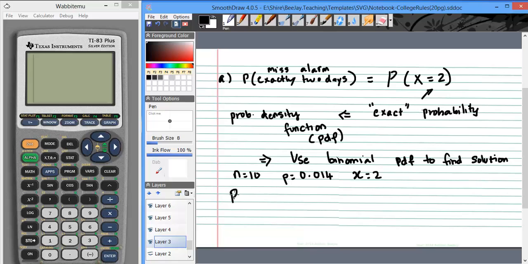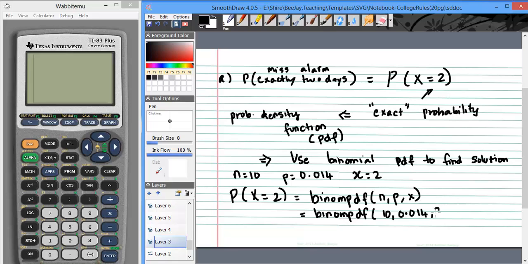Therefore, the probability of x equals 2 is nothing but binomPDF(n, p, x), which would give me binomPDF(10, 0.014, 2).